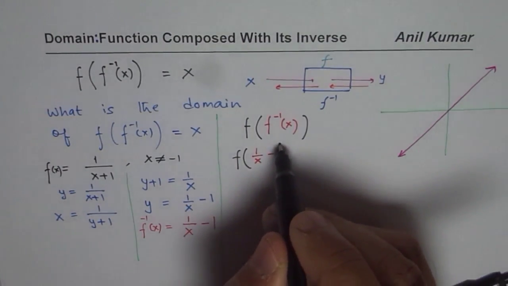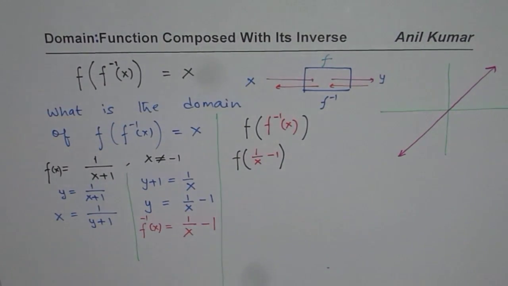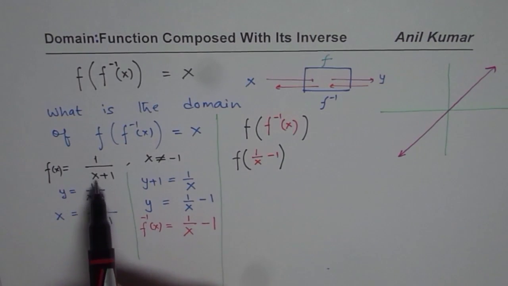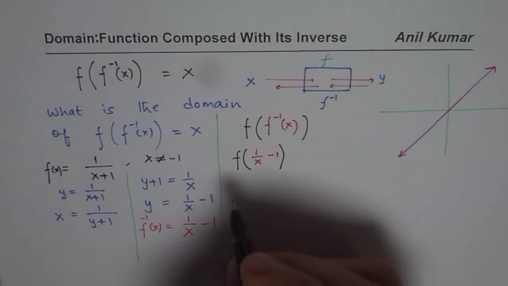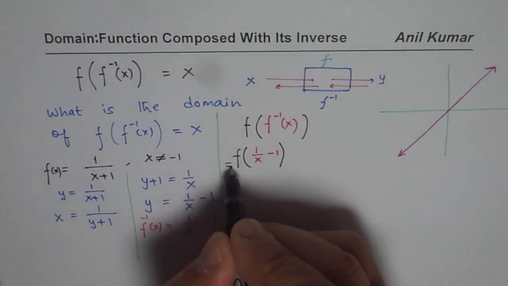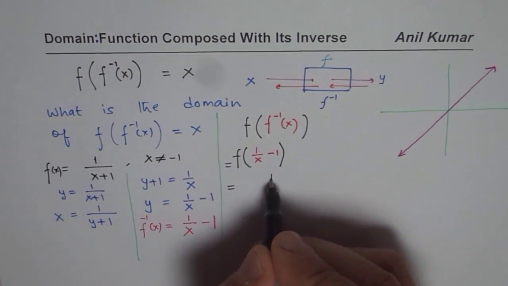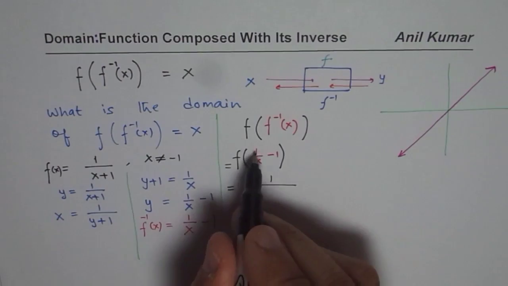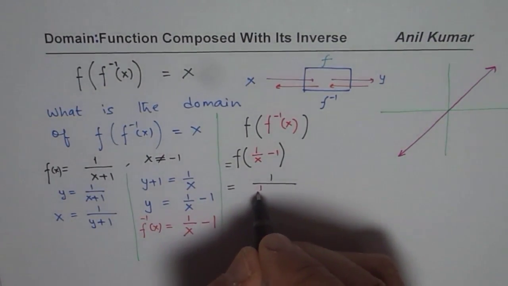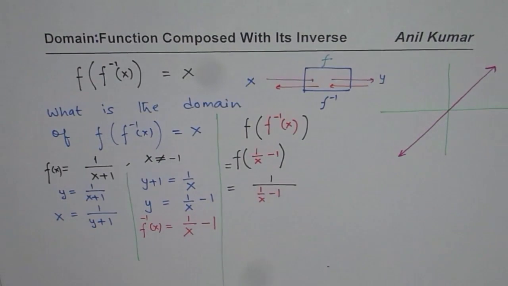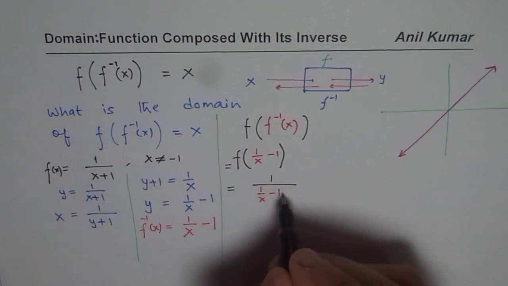That's good. Now, what is the function? The function is 1 over x plus 1. So we can write this as equal to 1 over, now instead of this x, I will write all this. So it is 1 over x minus 1, and we already have plus 1 there.